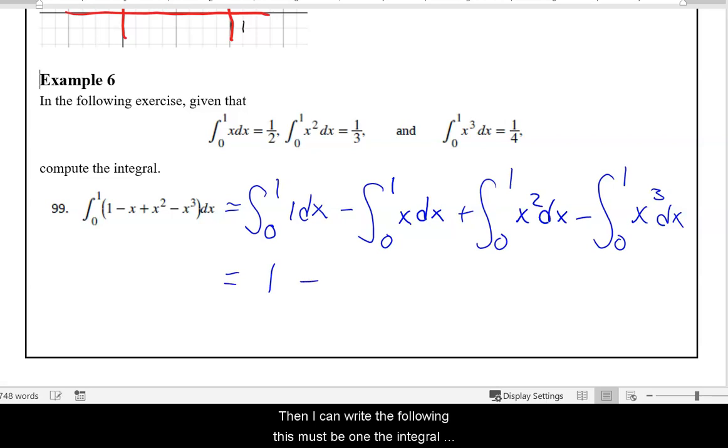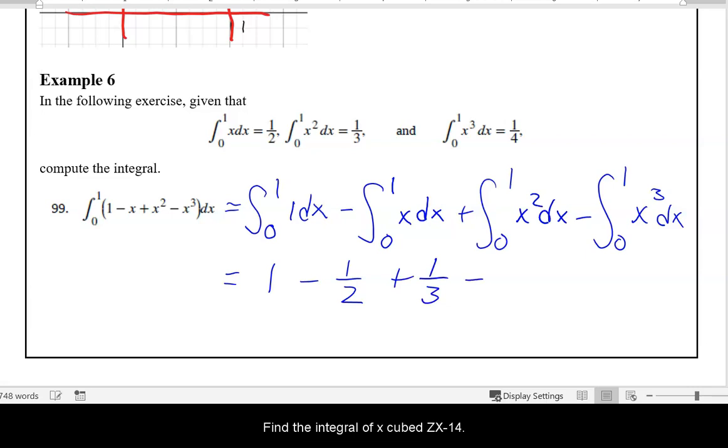This must be 1. The integral of x dx was 1/2. The integral of x squared dx was 1/3. And the integral of x cubed dx was 1/4. Note the changed signs.